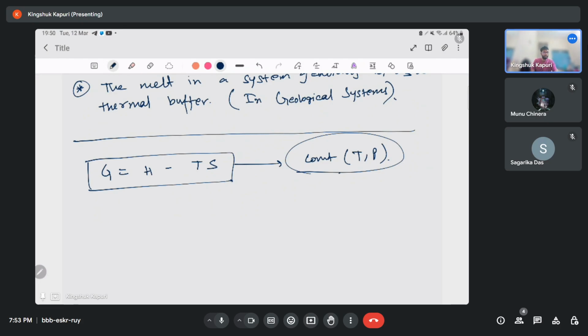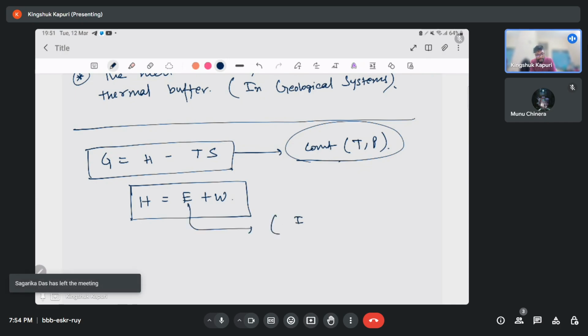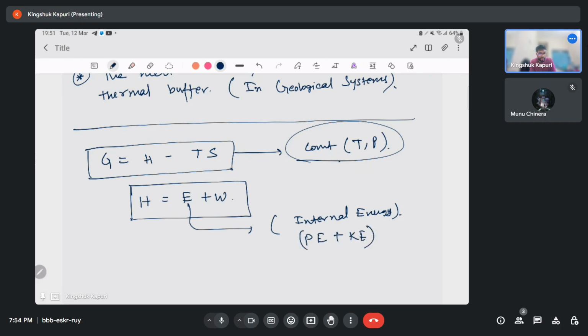So we also know that this enthalpy H, we can write in the form of energy plus work done. वही है ना enthalpy. So enthalpy क्या है? It is the summation of energy plus work done, right? And when we are saying energy, we are saying here internal energy, that is potential energy plus kinetic energy, right?